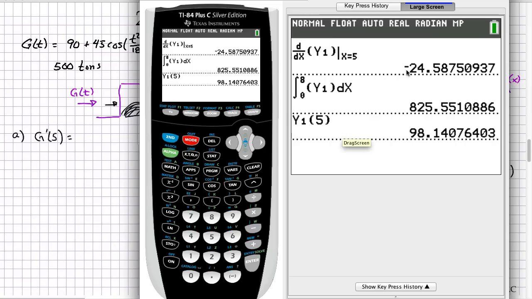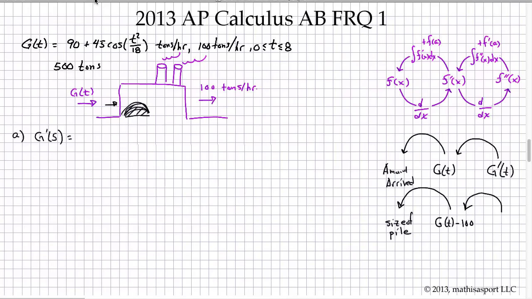The first calculation asks us to find g prime of the function at t equals 5. So we get negative 24.5875. Let's put that in. And it is the rate that the rate is changing. It's a second derivative, okay?